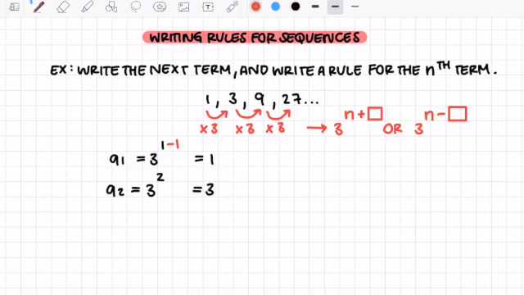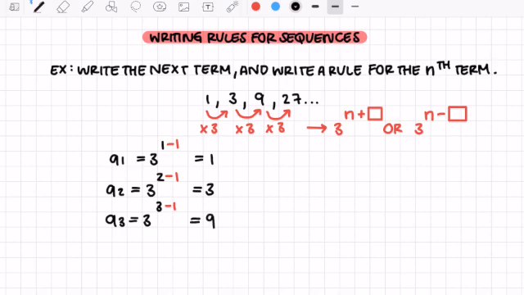If I minus 1, that seems to work out, because 3 to the power of 1 equals 3. And then a3, 3 to the power of 3 minus 1 does equal 9, which is cool.